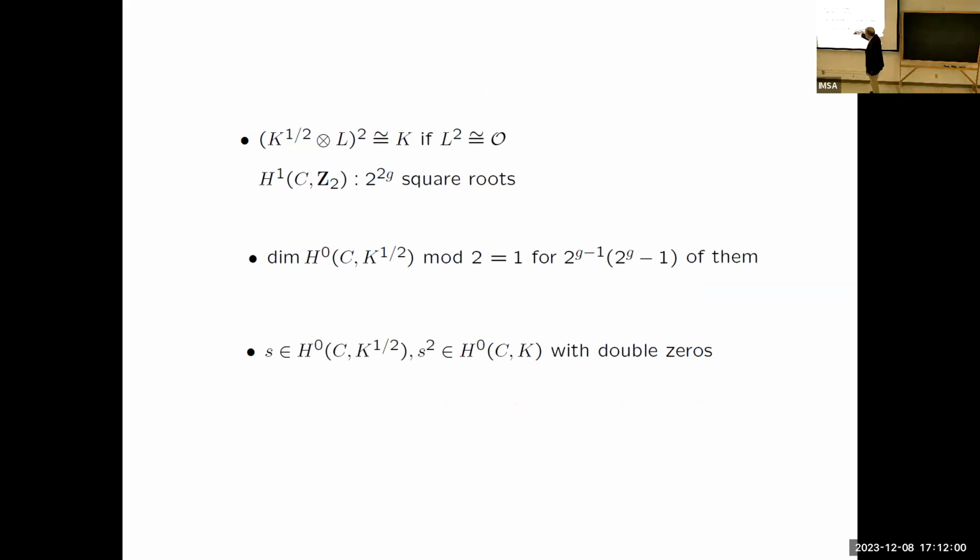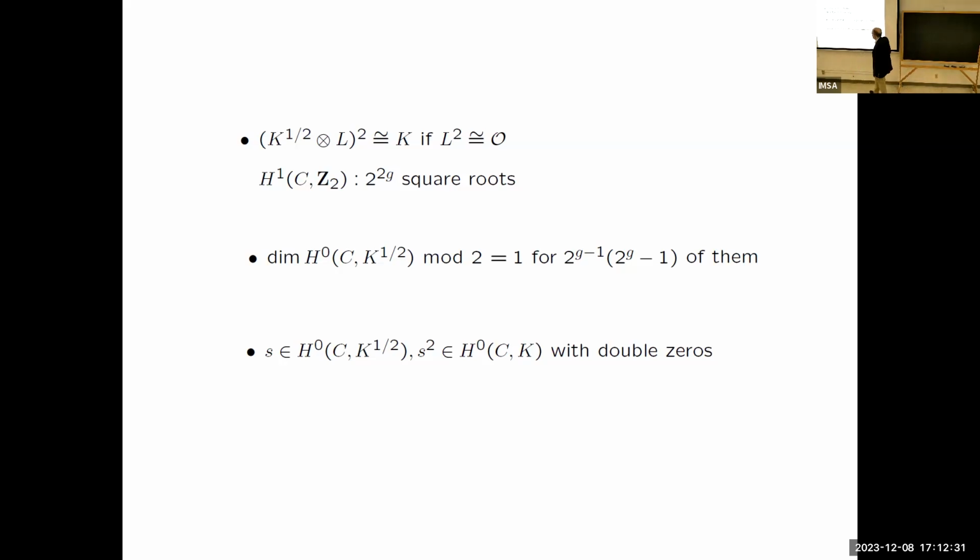And it turns out that the dimension is odd for this number of them, and even for the remaining ones, 2 to the g minus 1 times 2 to the g plus 1. So this is like 19th century mathematics in terms of a differential operator, but anyway, the result is well known.